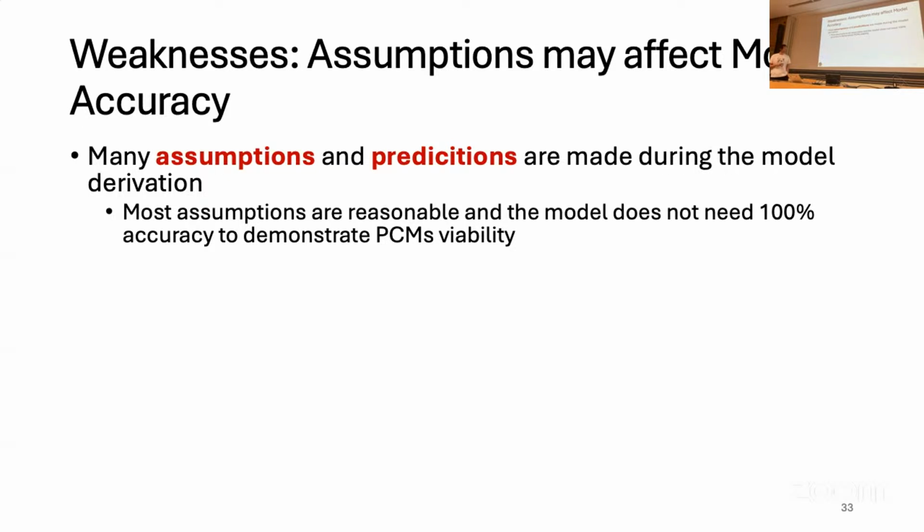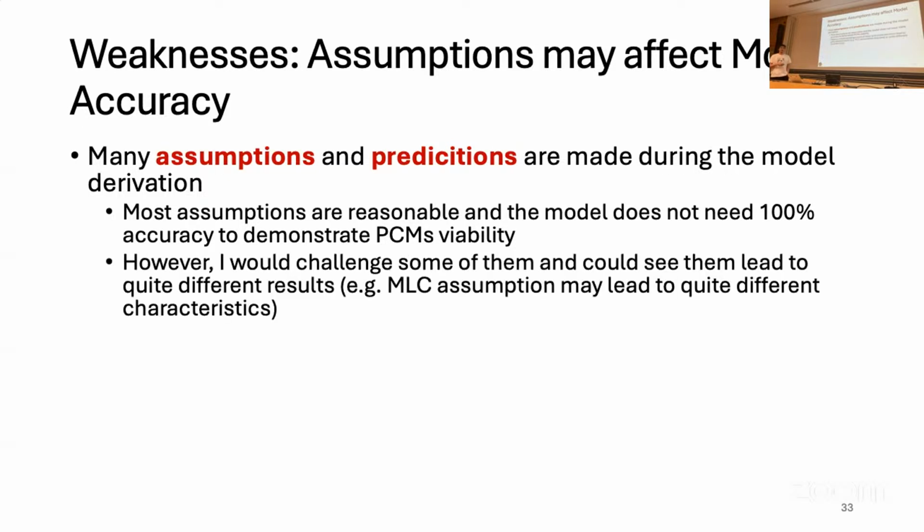So take what I say maybe with a grain of salt, but I would definitely challenge some of the assumptions. And I think some of the assumptions might also really lead to different results if they happen not to be accurate, right? For an example, the multi-level cell or storing more than 1 bit per cell.